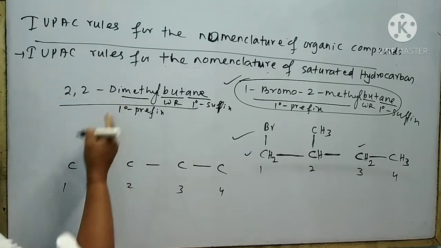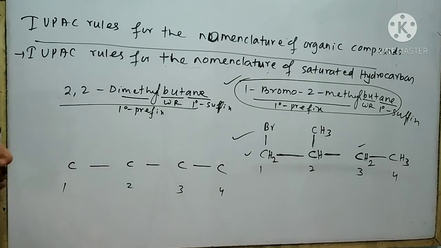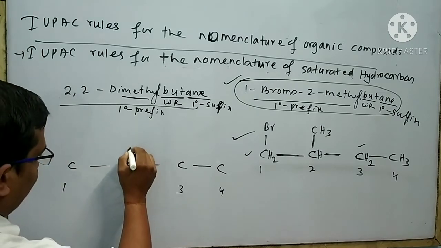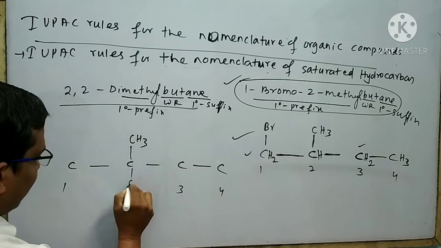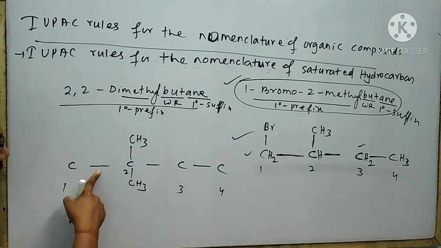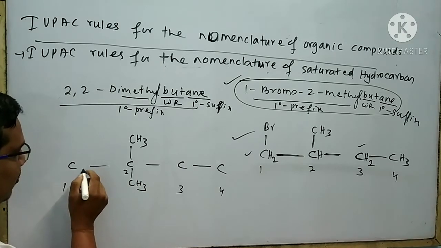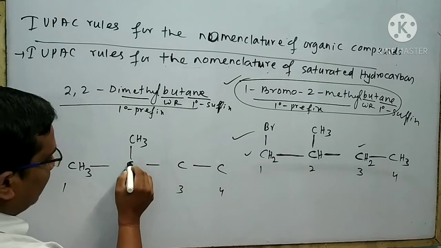Look at that. At the 2 number carbon atom, there are 2 side chains present. The 2 side chains are same. The name of the side chain is methyl, so it is bound to write your bond CH3. It is also bound to write your bond CH3. Look at that, your 1 covalent bond is present, so it is bound to write your 3 hydrogen atom. Look at that.